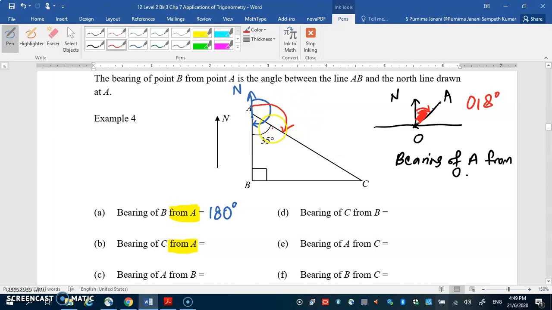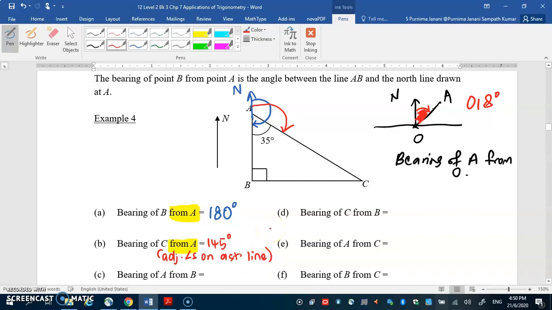So that's 180 minus 35, answer is 145. Always write the reasons as well, same as what you learned in Sec 1, so adjacent angles on a straight line. Of course, you must do working and all that. 180 minus 35 equals 145.